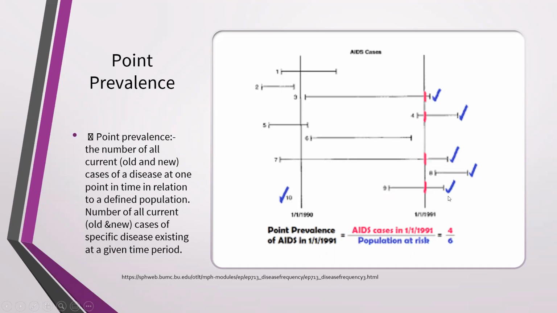All the red marks mark the cases, and the blue marks are all the population at risk. Four cases are crossing this timeline, showing that these cases occurred during this point. So we can calculate it by this calculation.